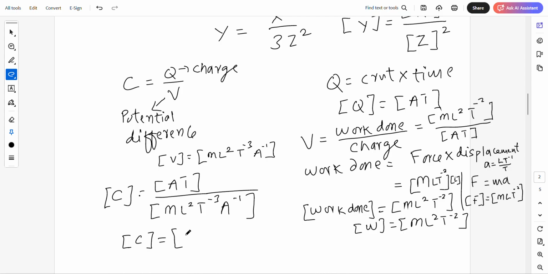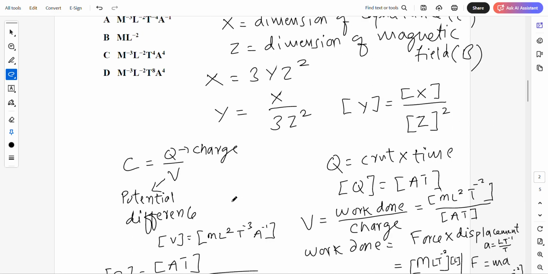That is M to the power of minus 1, L to the power of minus 2, because these two come in the numerator, t to the power of 4, and A to the power of 1 plus 1, which is A square. These are the dimensions of capacitance.